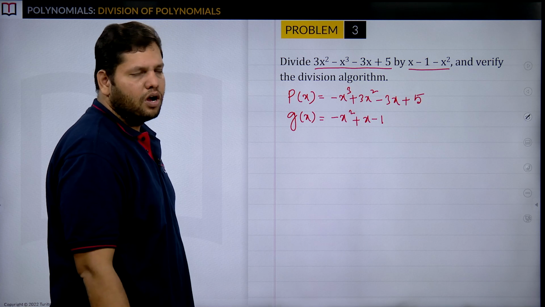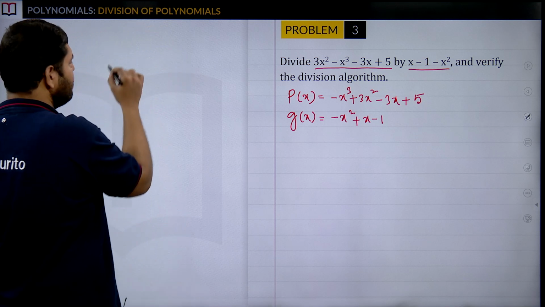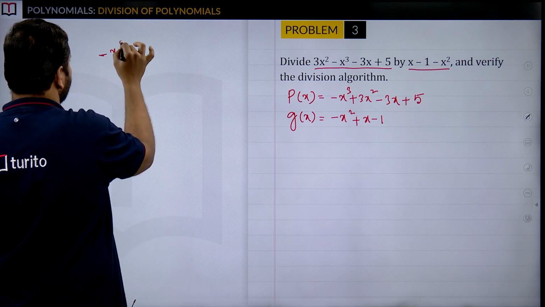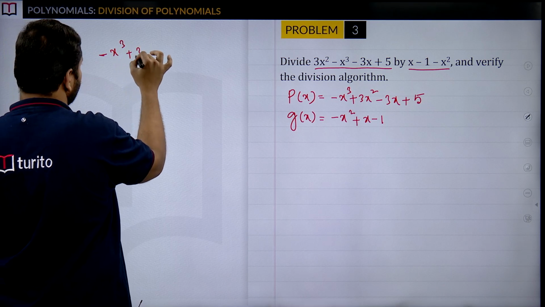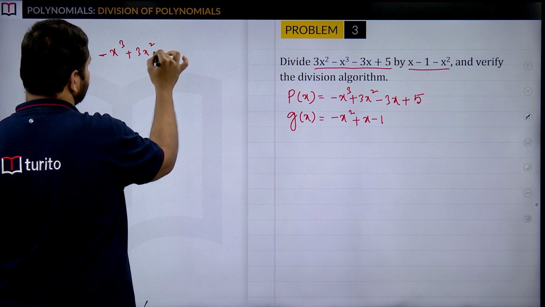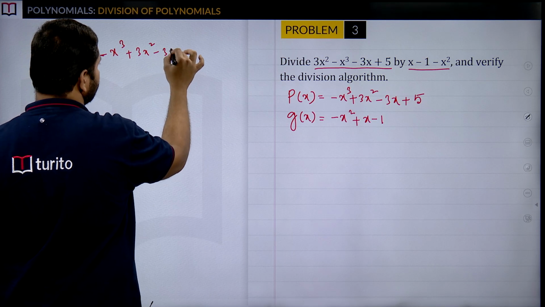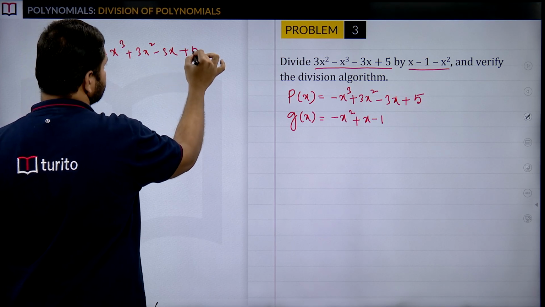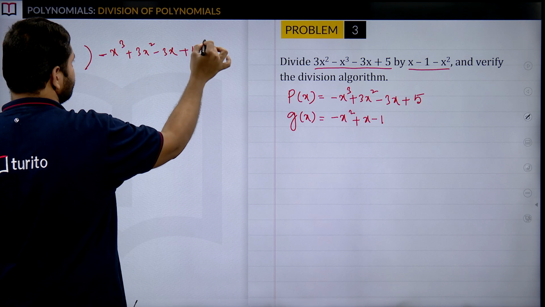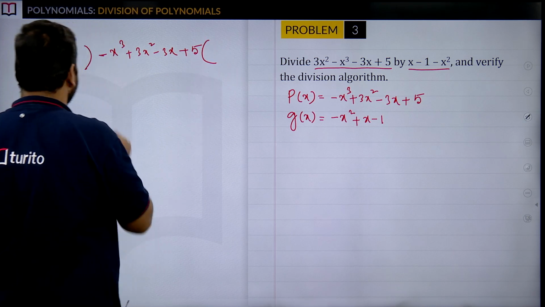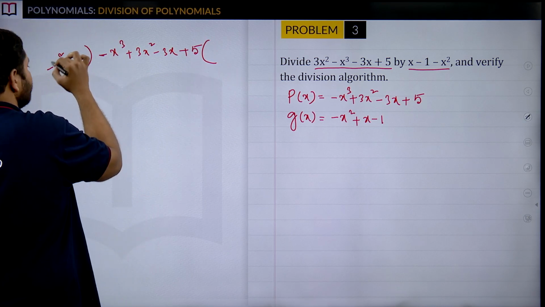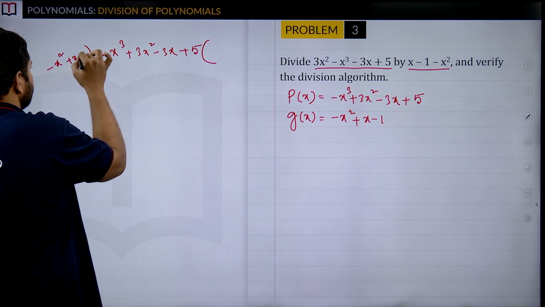Okay, children. Now we are doing the division. Look here, everyone. This is minus x power 3 plus 3x square minus 3x plus 5, divided by minus x square plus x minus 1.